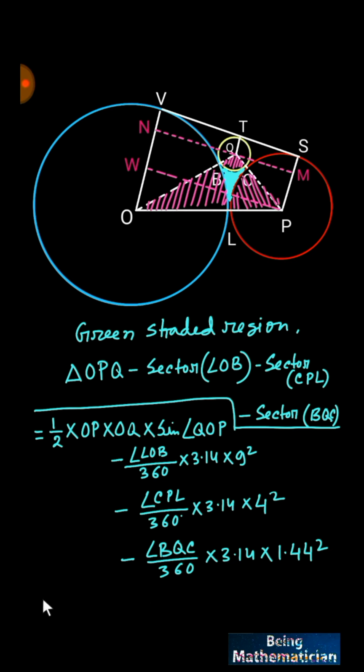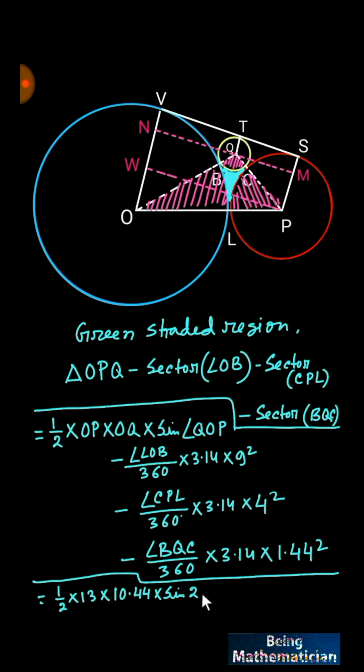Now let's find out the value of this part, and it is half into OP. OP must be 13 into OQ. OQ is 10.44 into sine 23.78 degree, minus LOB.